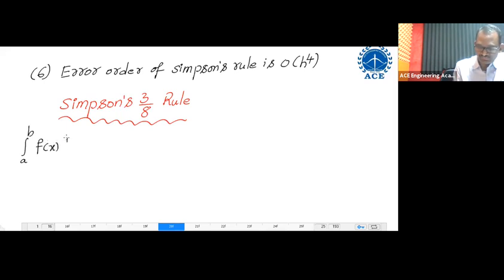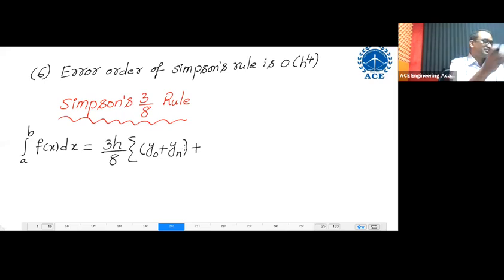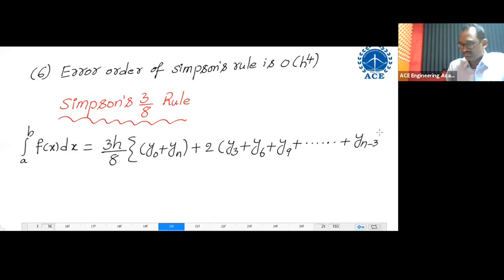Integral a to b f of x dx, plus 2 into y3 plus y6 plus y9, plus so on, yn minus 3, plus 3 into whatever values we have missed in the first bracket and second bracket should be written in the last bracket.